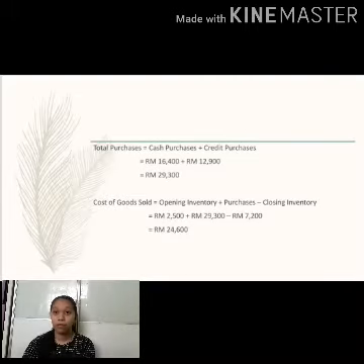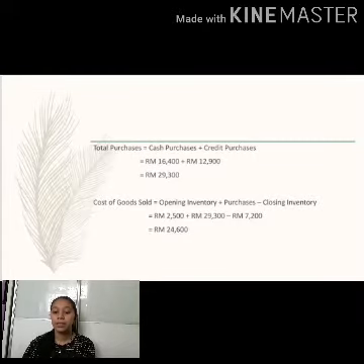So next we need to find cost of goods sold. Cost of goods sold equals opening inventory plus purchase minus closing inventory. Opening inventory is from inventory 2018 plus purchase. Purchase is from total purchase that we got before minus closing inventory 2019.